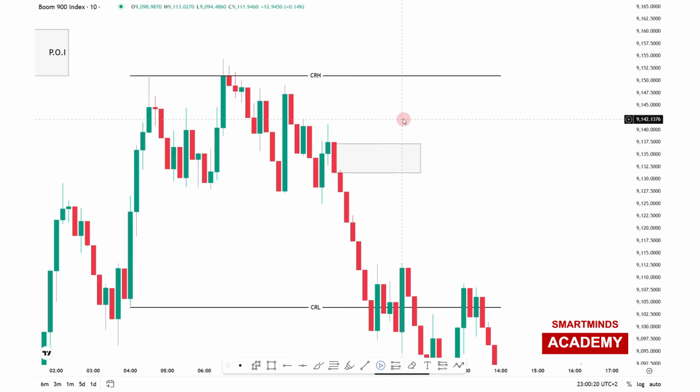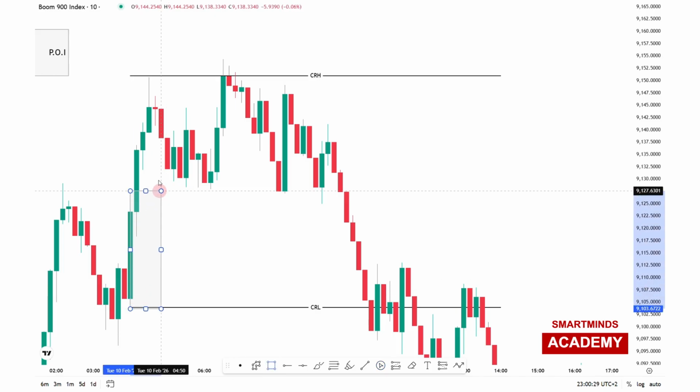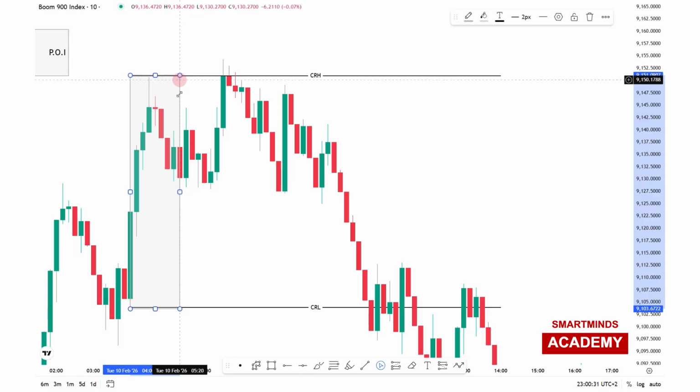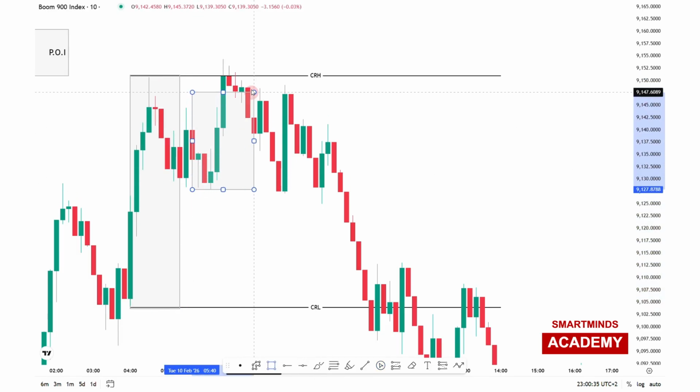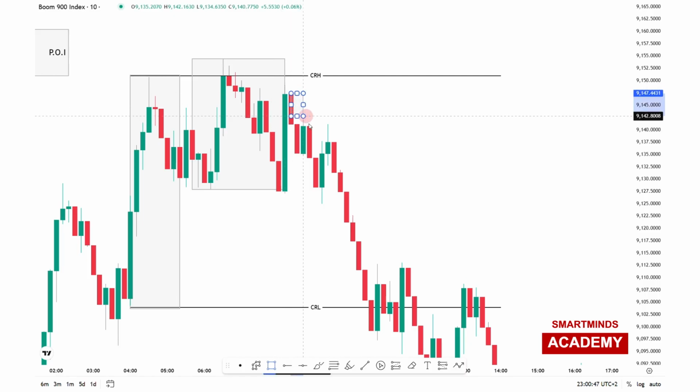For our fair value gap, we are looking at a series of three candlesticks. This is your accumulation candlestick, this is your manipulation candlestick, then we have your distribution candlestick.